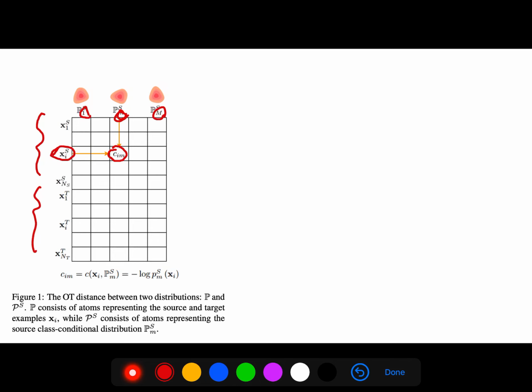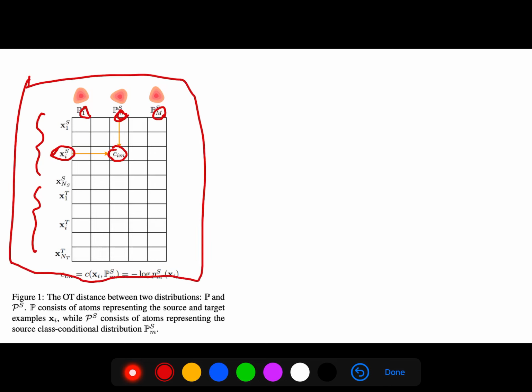So you can write an article and use this article as your baseline, saying that you can extend this idea to the multi-source case.